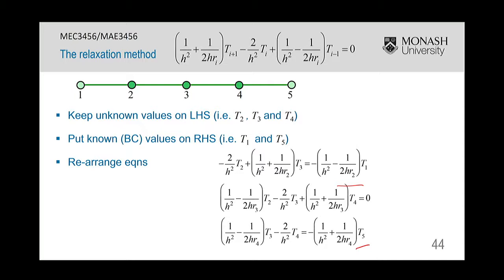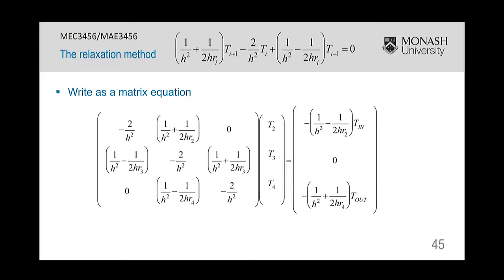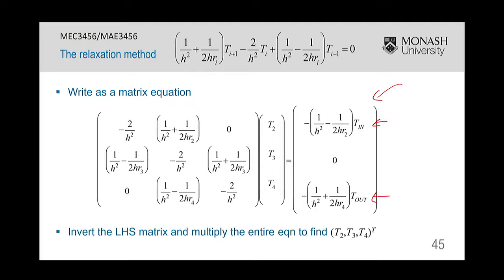So what we now have is three equations in three unknowns, which we can write as a matrix equation. Now you need to show this to yourself, but it's very easy to show that this matrix equation looks like that. These coefficients, this row here multiplied by that vector there is the first equation, that row there multiplied by the vector is the second equation, etc. And we have a right-hand side vector here, which has got the boundary values in the first and last entries.